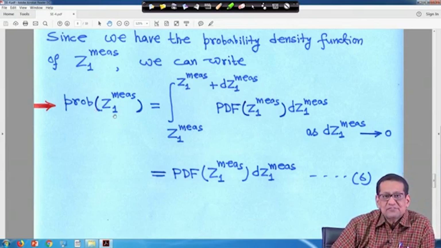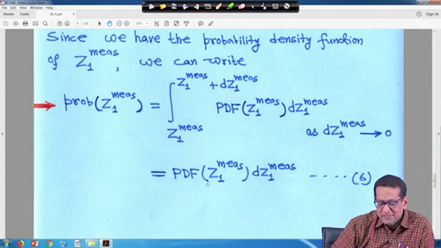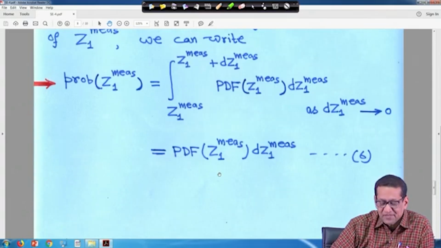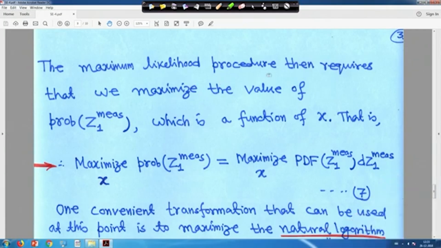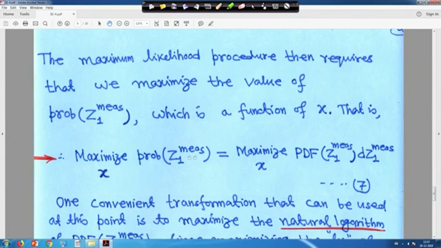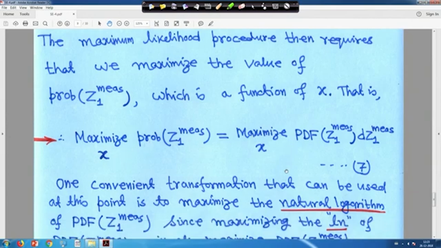We have to maximize this probability of Z1 measure, which is nothing but maximizing PDF Z1 measure, which is a function of X. That is, maximize the probability of Z1 measure, as a function of X, which is equal to maximizing PDF Z1 measure into D Z1 measure, and that is your equation 7.